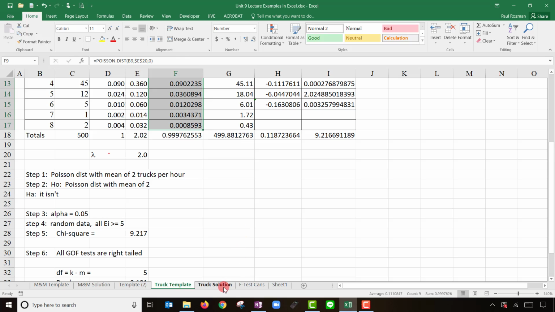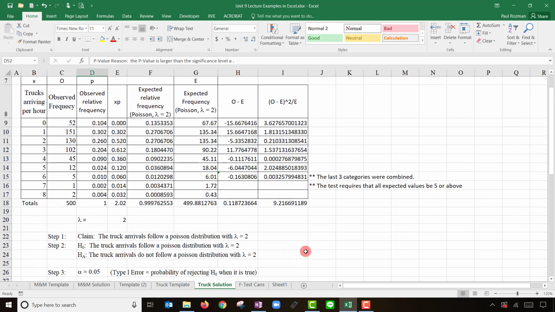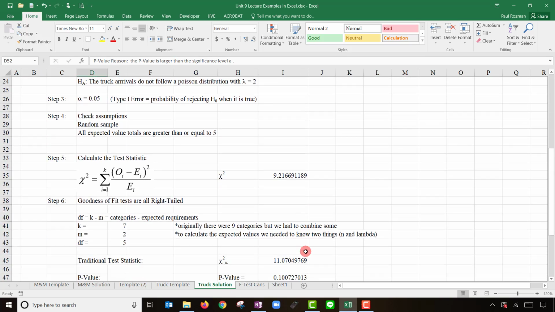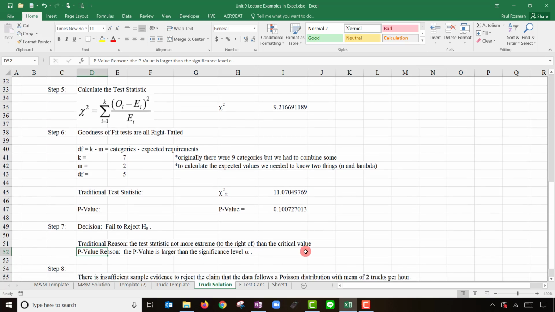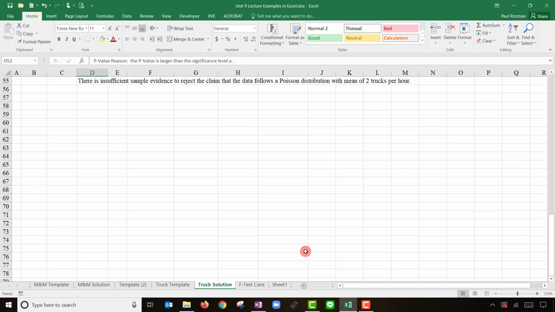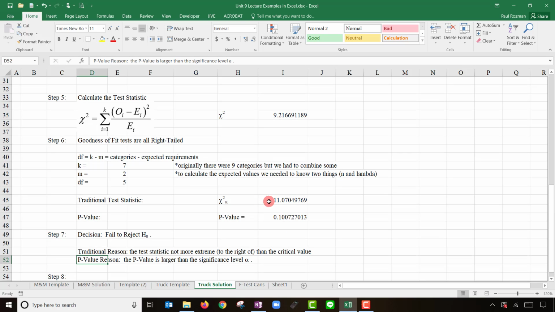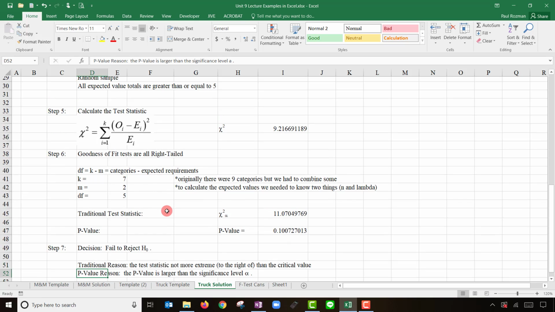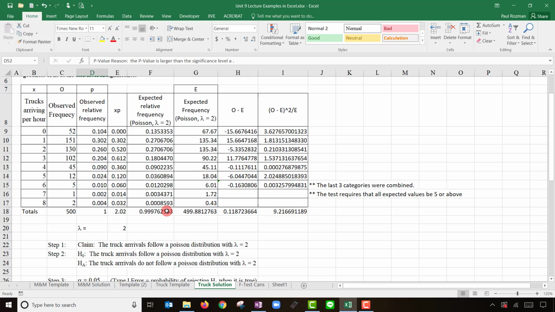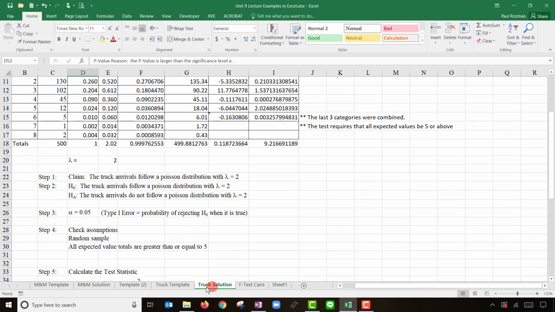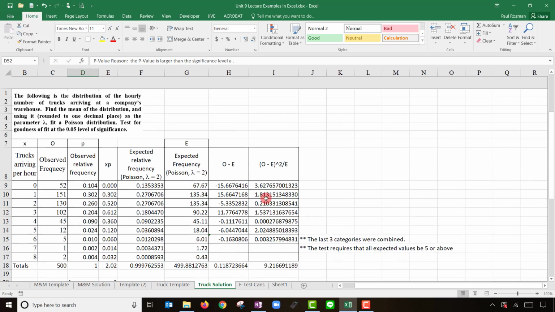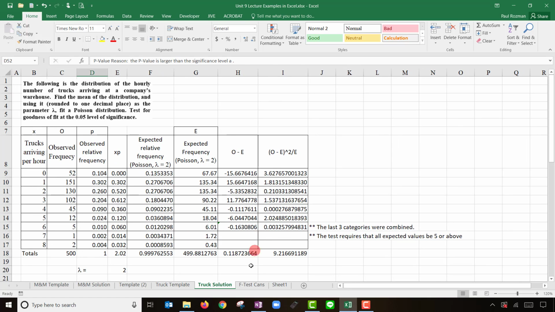I typed up a nice version here where I wasn't quite as crude in my steps and I was a little more careful explaining things. So if you want to have a better template, there's one in the document here called Truck Solution. So that's a goodness of fit test.